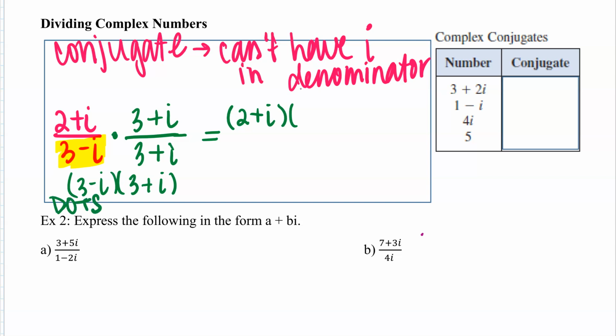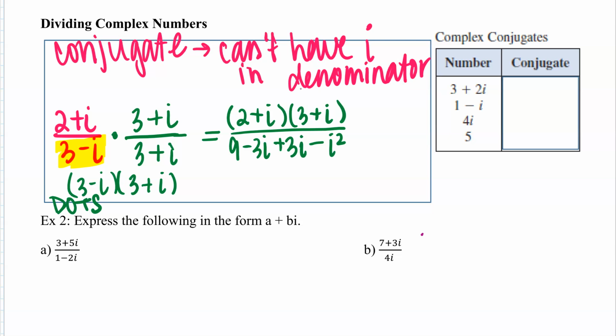This is what that factors out to be, so we want to create that so it'll cancel the i. So my top is 2 plus i times 3 plus i, and then the bottom, because we're going to FOIL, we have 9 minus 3i plus 3i minus i squared. Okay, so if you FOIL at the bottom, that's what that looks like.